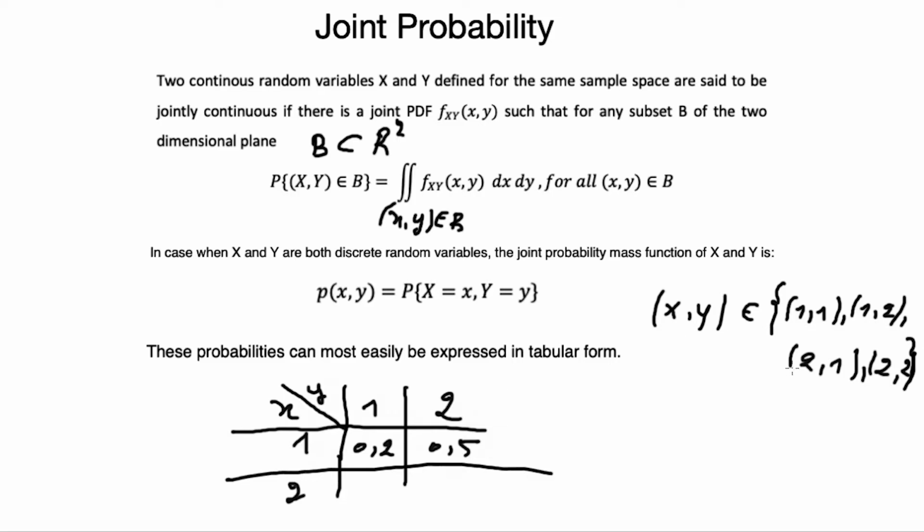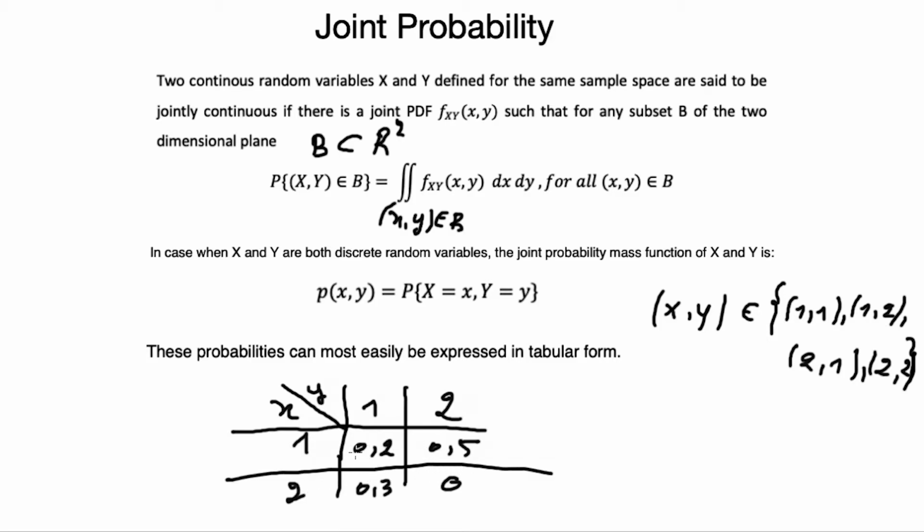When we have X is 2 and Y is 1, it can be 0.3, for example, and for (2,2) it must be 0 because the sum here is 1, so the sum of all of these will be 1.